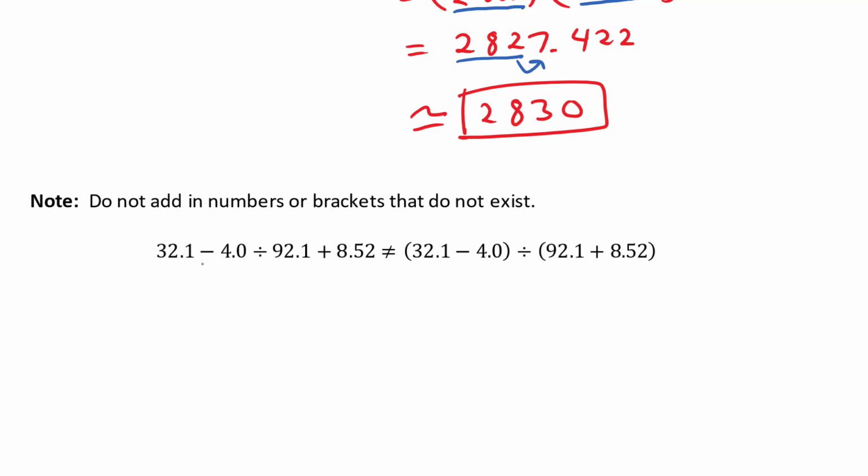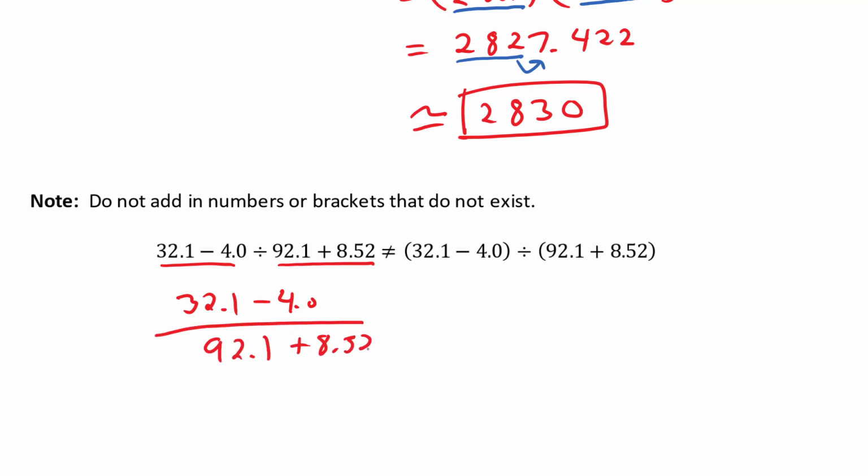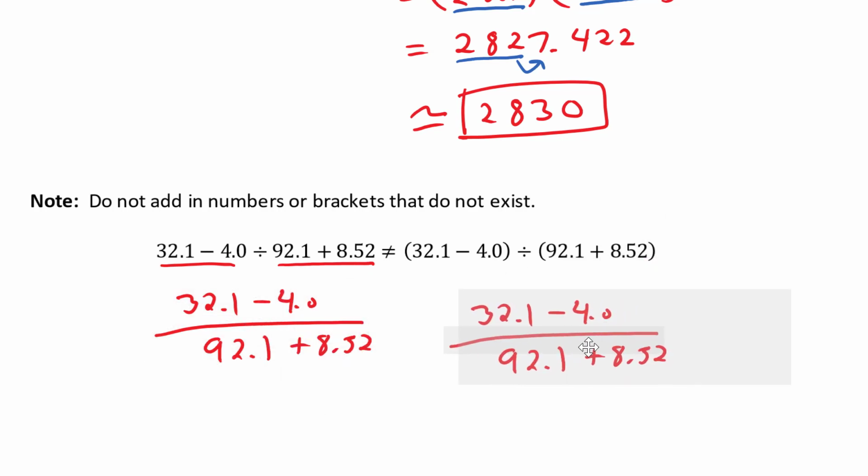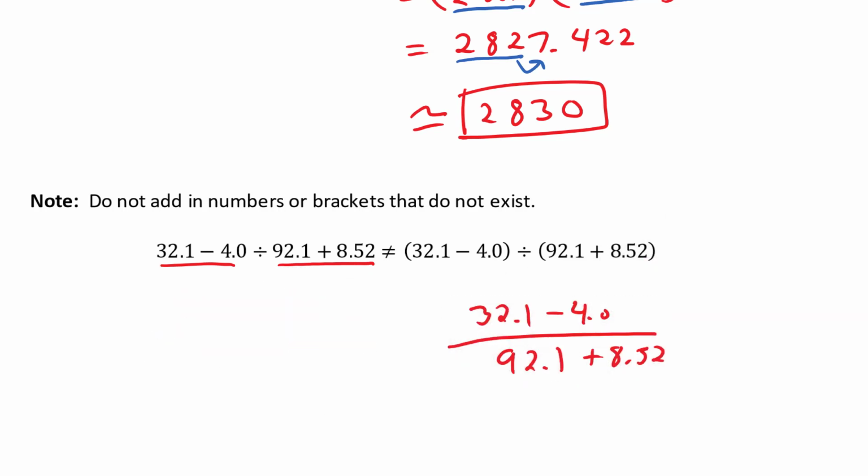Also, I see this quite a bit. Students see this value here, and they see this value, and they say, well, this is 32.1 minus 4.0, and then they write divided by 92.1 plus 8.52. No, that is incorrect. That is what that is equal to. If there's no brackets here, what we have to do first, we have to do the division first.